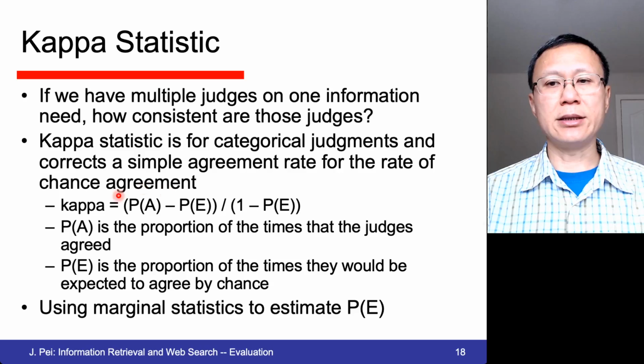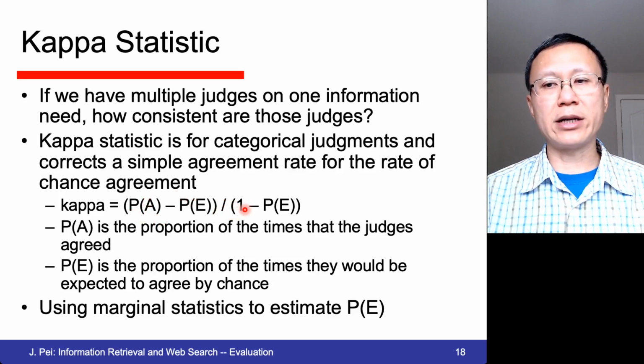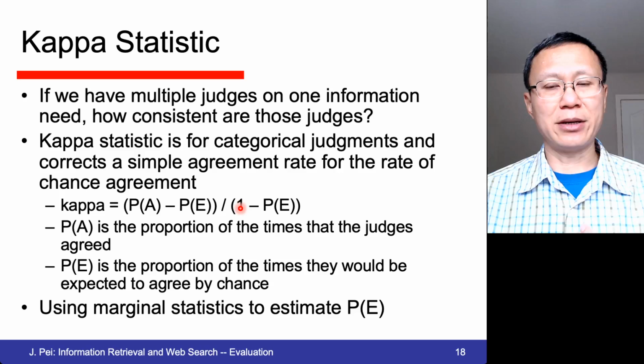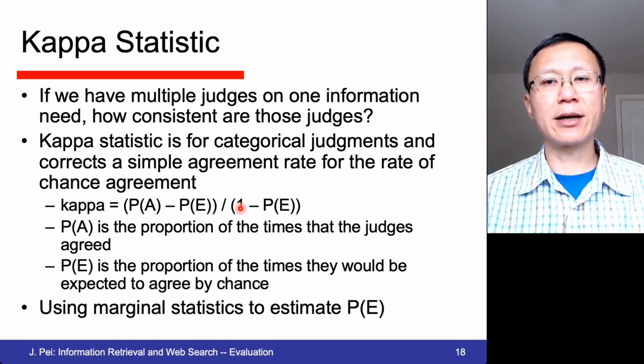PA is the observed proportion of times that the judges agree. We still subtract PE. So if we use PA minus PE divided by 1 minus PE, we are calculating to what extent what we observe is approaching the perfect situation. That is the intuition behind Kappa Statistic.